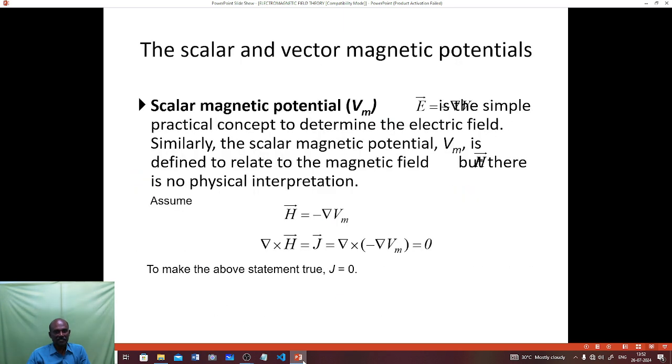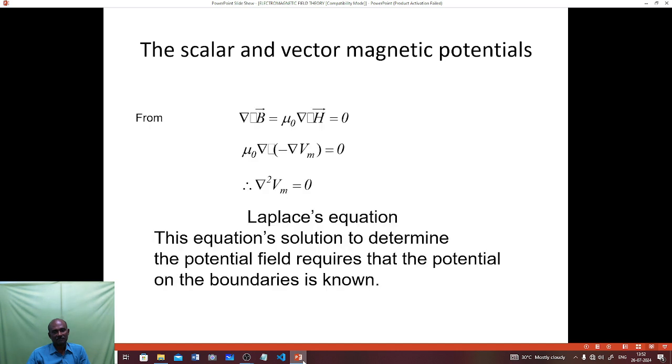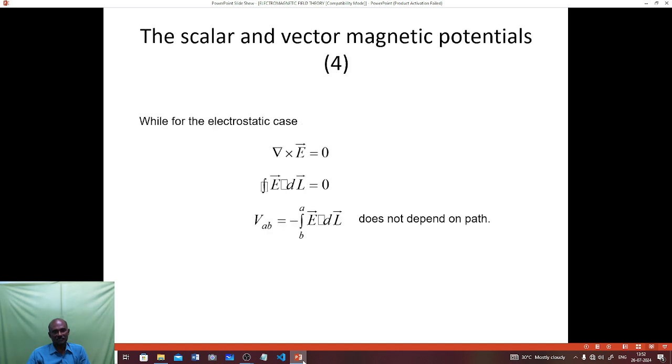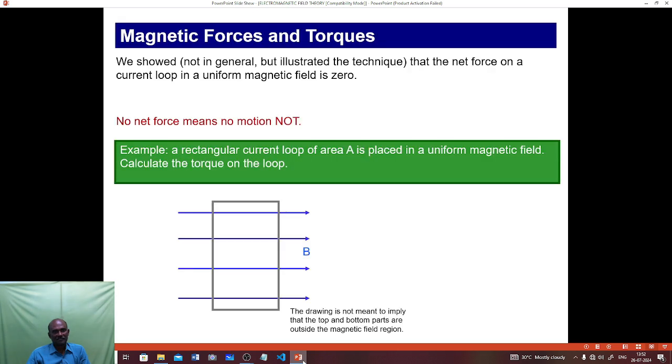Scalar magnetic potential: like electric scalar potential, here we have scalar magnetic potential. So H is equal to minus del of Vm, and del square Vm is 0 using the Laplace equation. A scalar as well as vector potential. Then magnetic forces and torques.